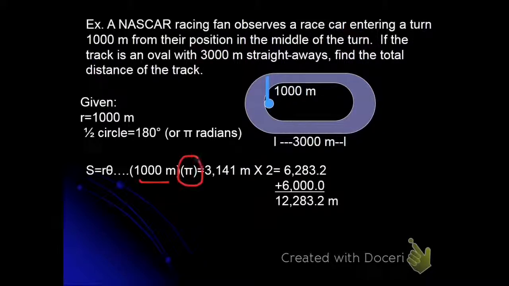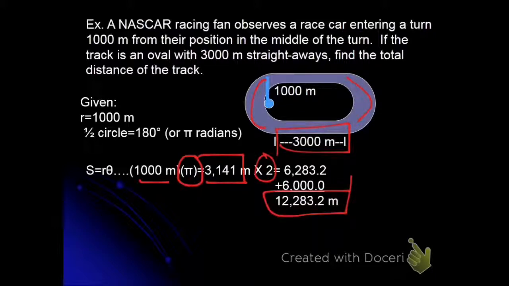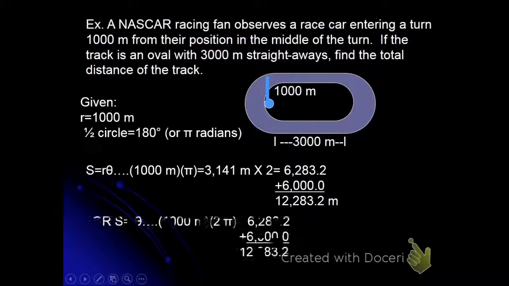We're multiplying it by pi radians, and we get 3,141 meters, but there's actually 2 of them, so we multiply by 2. Then we're going to add in the 3,000 meters twice to get our total length. Or you might have just realized at the beginning that 2 half circles make 1 circle, so you might have just multiplied it by 2 pi, which is a full circle of radians.